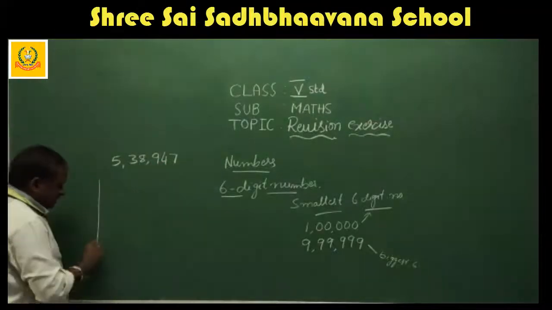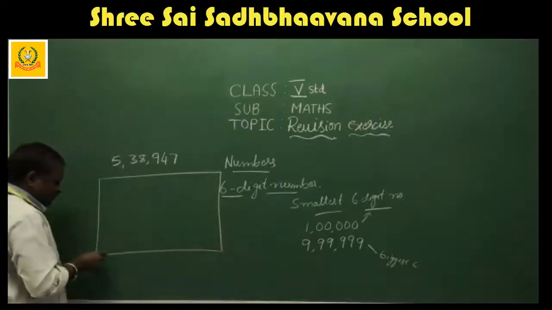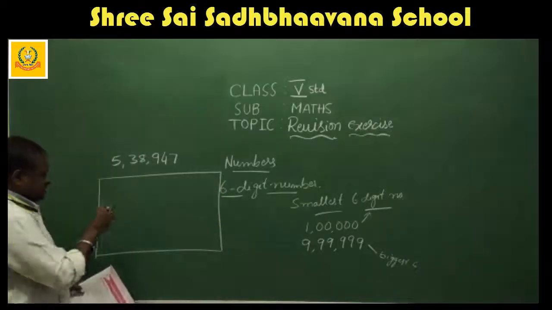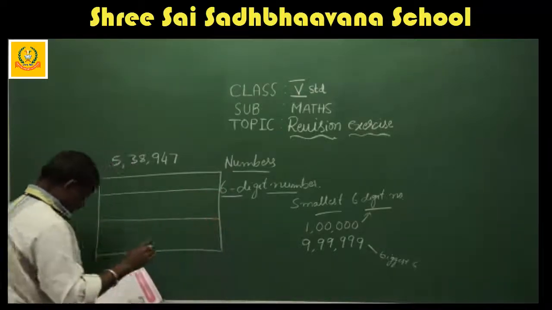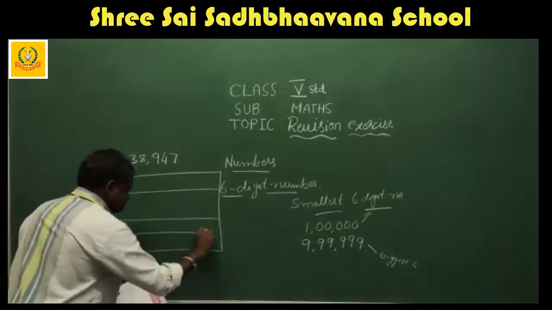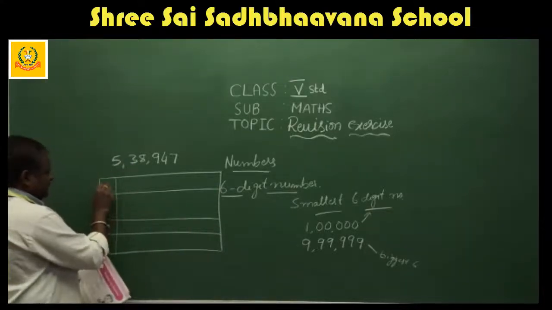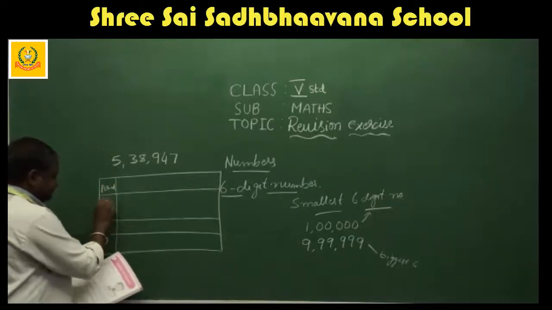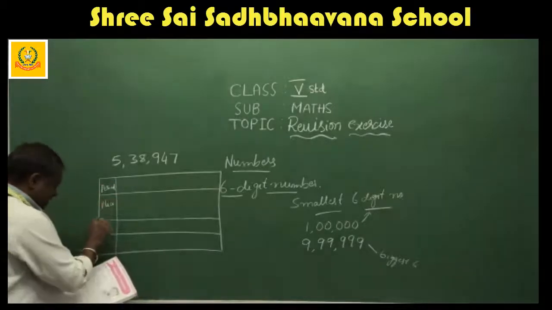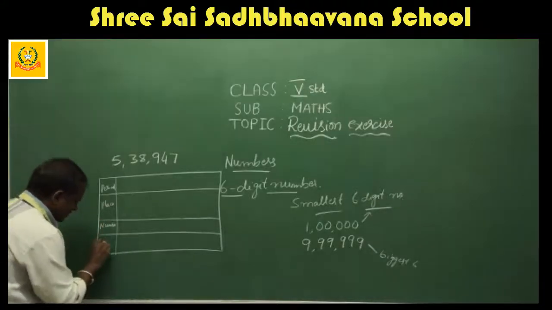Here we have to write the place value chart. So here this comes period, place, and number and place value.